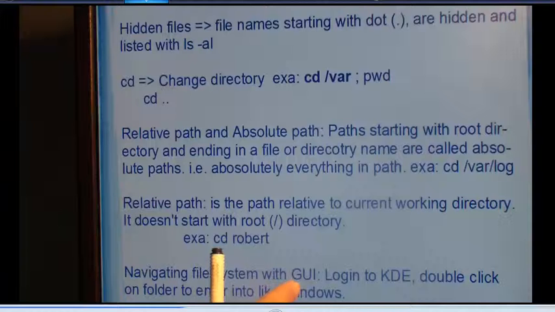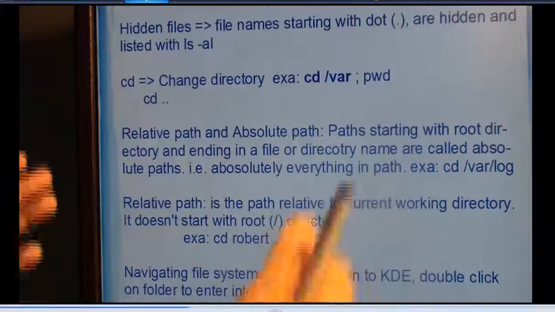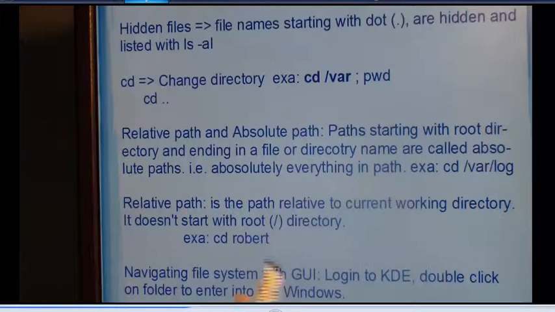Navigating the file system with a graphical user interface, GUI. So log into KDE. KDE is like a desktop program, like Windows, and you double click on the folder to enter into it, like in Windows.